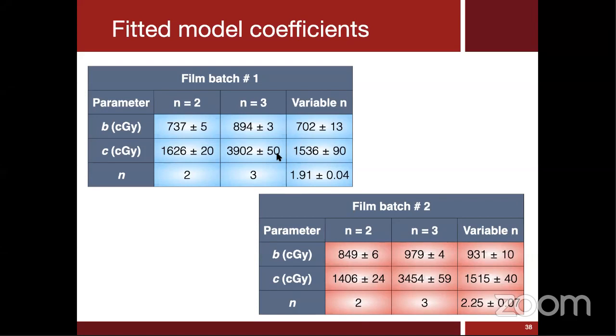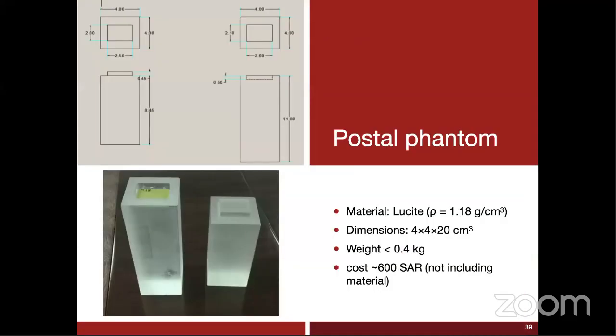That was the whole point of doing this fit with our own application. There are probably commercial applications available, but we did not have one at that time. This is the postal phantom. It's just a small piece, about 20 centimeters. There is a small engraved part here. We put the film here, and the top one locks the film in position.